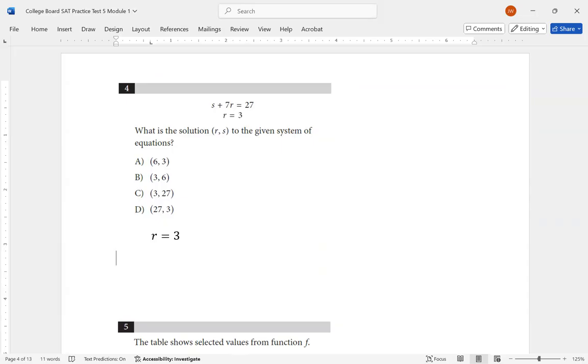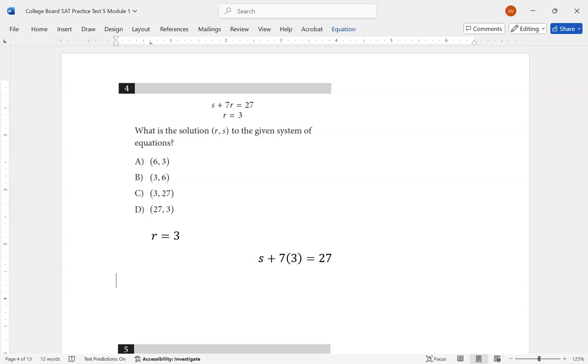So I know the R value is going to be 3 in the solution to the system. In the first equation, we have S plus 7R is equal to 27. The easiest way to figure out S is to realize that since R has to be 3, I can just plug in a 3 for R and solve for S.